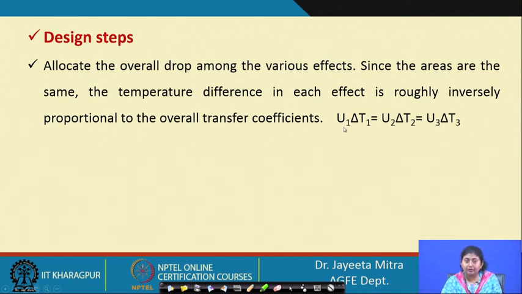Since the steam temperature and the pressure inside the chamber are all different, U1, U2, U3 will be different. However, the temperature difference in each effect is roughly inversely proportional to the overall transfer coefficient.